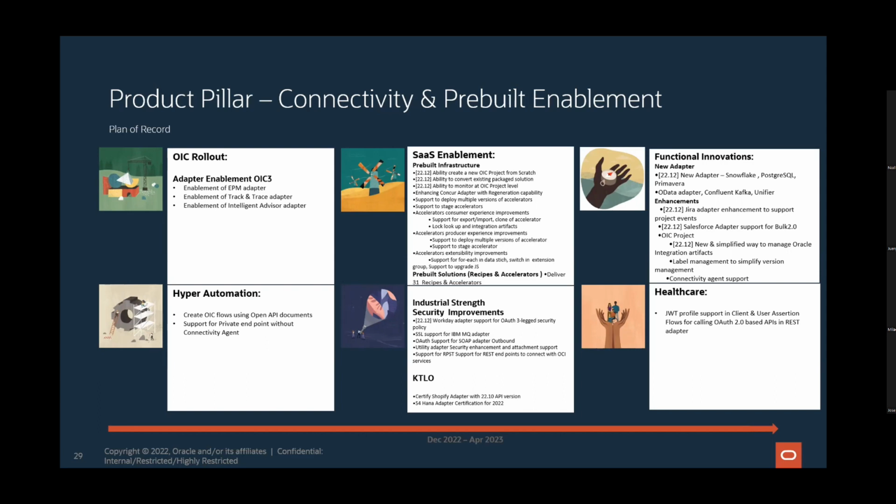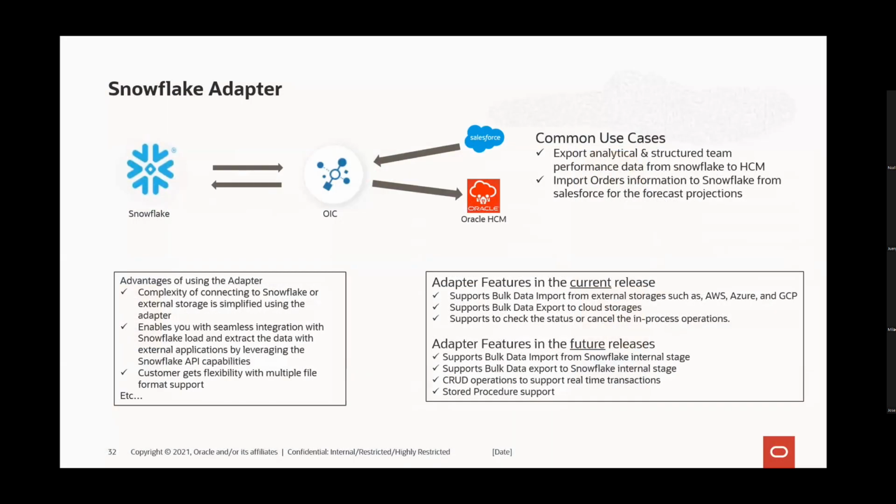Now, you can see that we have, of course, new adapters, like every release provides new adapters. Ones we're looking at here are OData, for example, Confluent, Kafka, etc. So, the Snowflake adapter. Now, many folks may be using Snowflake. I actually just tried it out recently, getting a blog post together on how this adapter actually works.